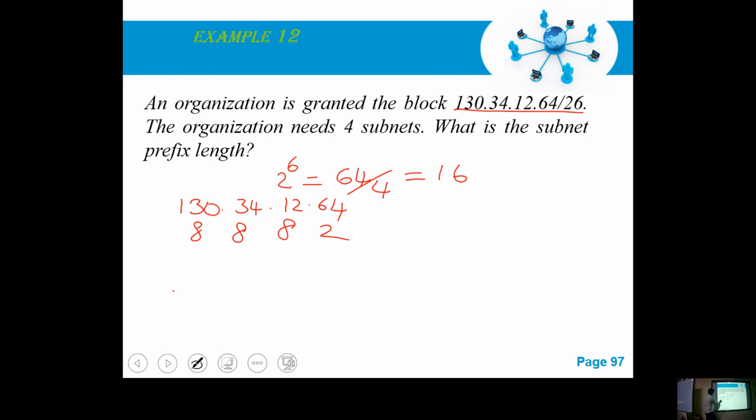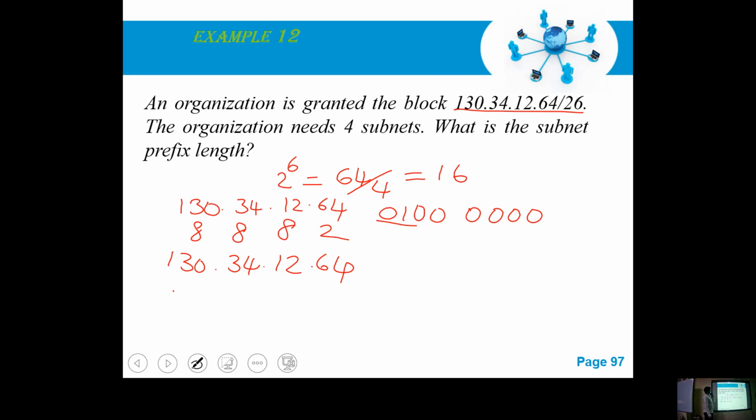So I'll have 130 here, then 34, 12, and here 2 bits means we will be writing 01000000, and I need to consider the first 2 bits as they are, so that will be 64 only.